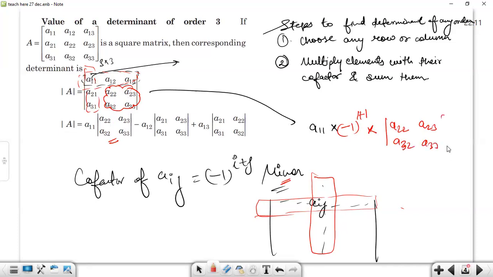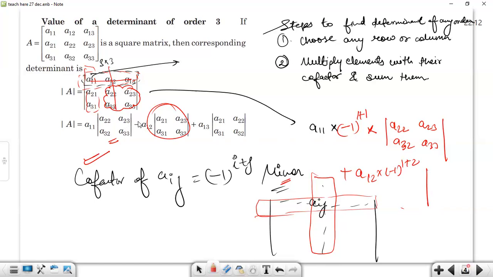Now the same process repeats for the second element here also, A12 into minus 1 raised to power 1 plus 2, and the determinant of the remaining, so this will be this. So basically this is going to become this formula only.